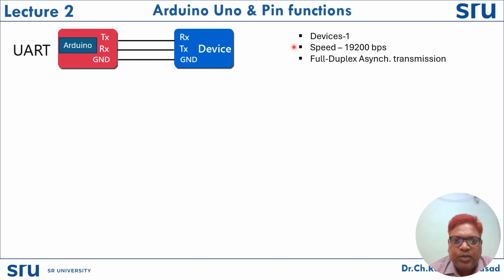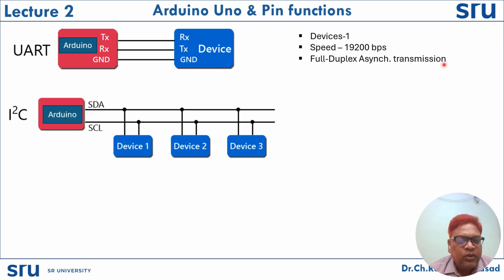The maximum speed achieved with this port is 19,200 bits per second or baud. Asynchronous serial communication means there is no need of a clock to operate these two devices. That's why it is called full duplex asynchronous serial communication.